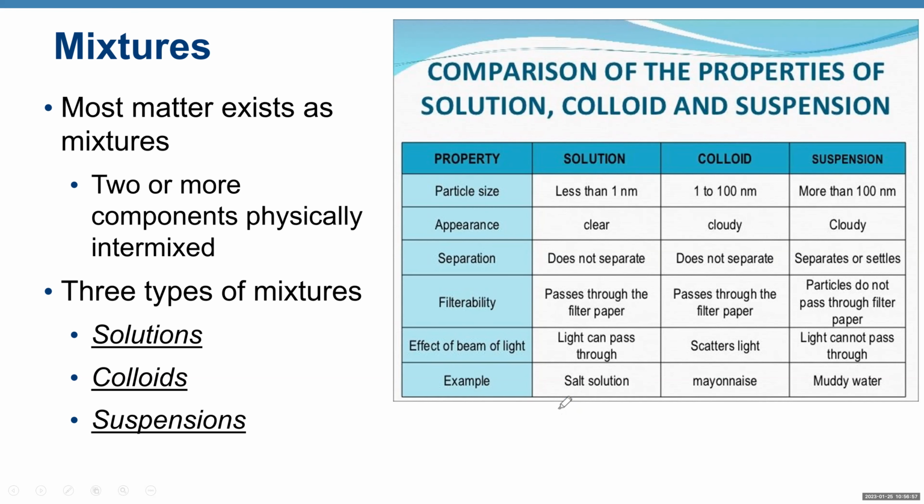If it's a colloid, the particle sizes are bigger, they look cloudy, do not separate, pass through the filter paper, and scatter light, for example, milk. A suspension has even bigger particles, looks cloudy, separates or settles, particles do not pass through the filter paper, and light cannot pass through. An example would be muddy water.